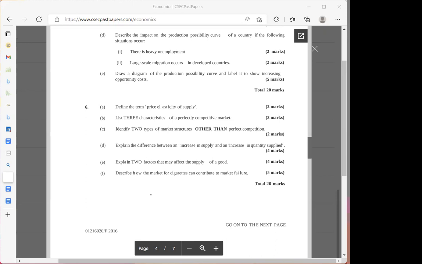Technology, subsidies, climate, gestation period, right? How do the number of producers on the market, how can we explain those? Right?